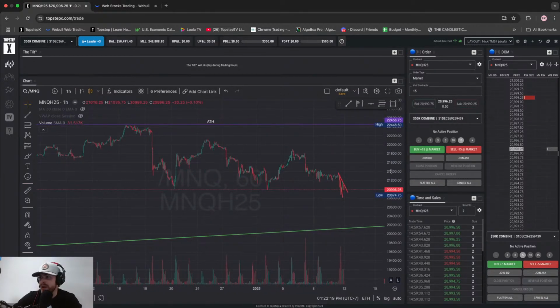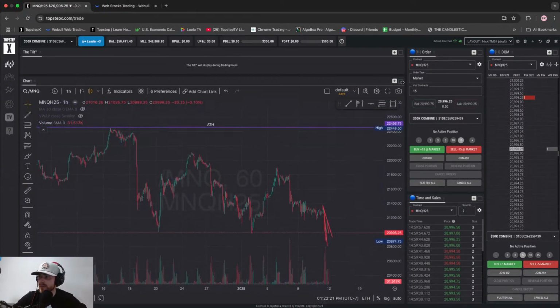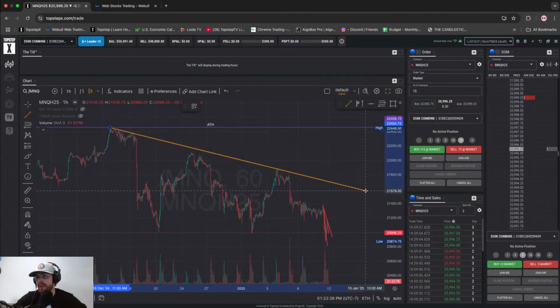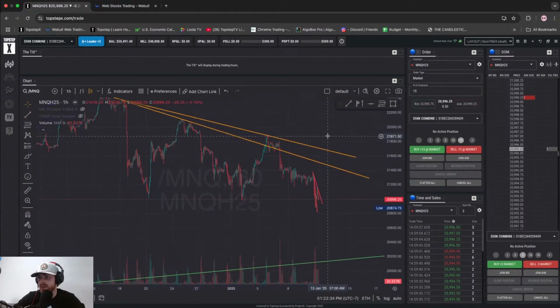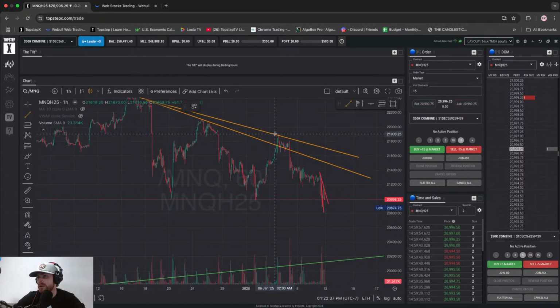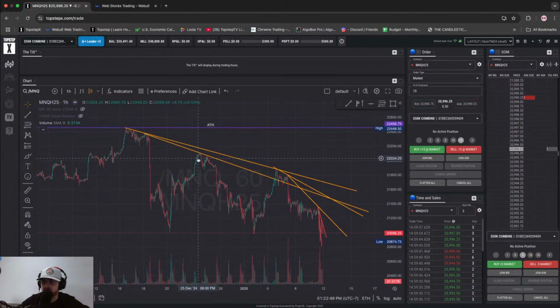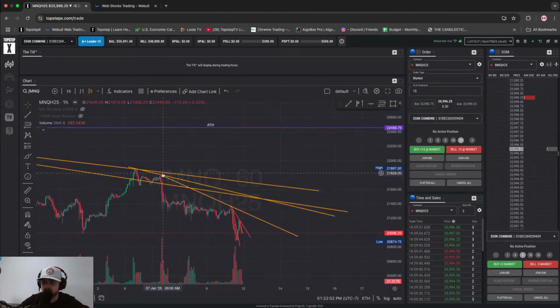So looking at the 1 hour here, I see a couple of trends going on. I see that one there, this one here, this one here, and then this one here. And I've got a couple other ones drawn out already. What I have been noticing is that when these break, it almost directly comes up to the next one.